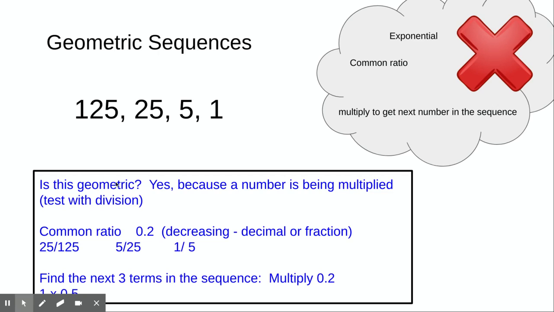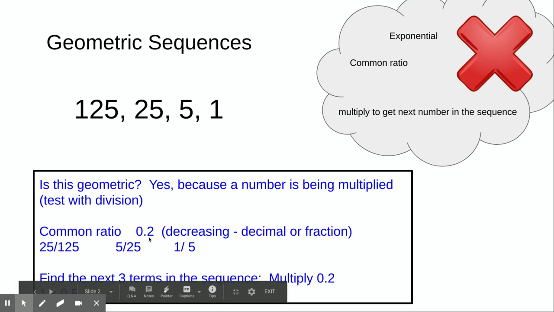So is this sequence geometric? Yes, because there is a number being multiplied every time. And if you're not sure, you test it with division. You would do 25 divided by 125, 5 divided by 25, and 1 divided by 5. So you can see down here where I wrote the common ratio, it is 0.2, okay?